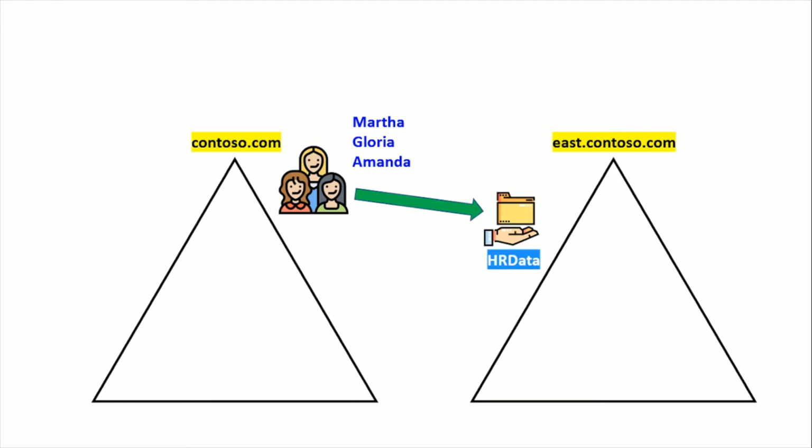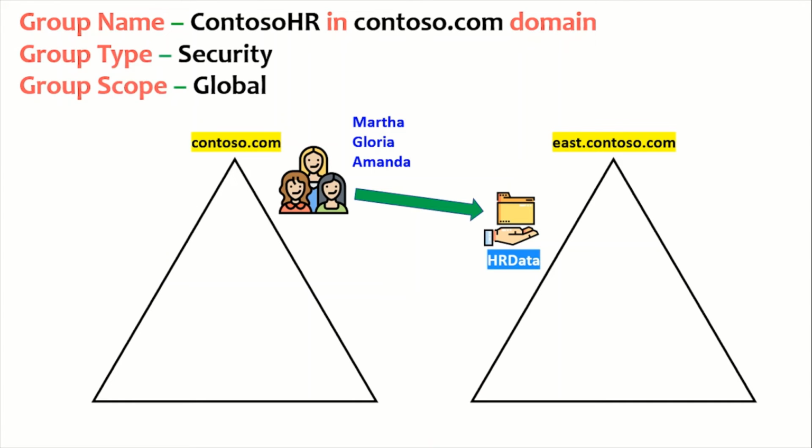So we will follow the same strategy over here, IGDLA or AGDLP, the best practice. So we'll create a group named Contoso HR in the contoso.com domain. The group type will be security. The group scope will be global. And then we'll add Martha, Gloria and Amanda as members of this particular Contoso HR global group.